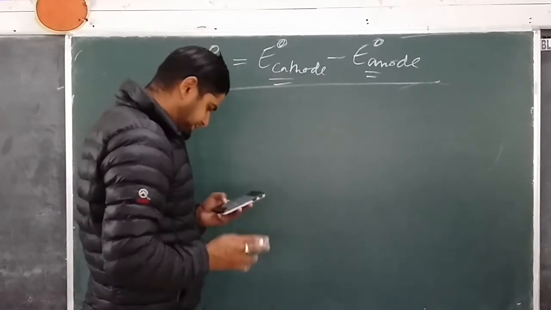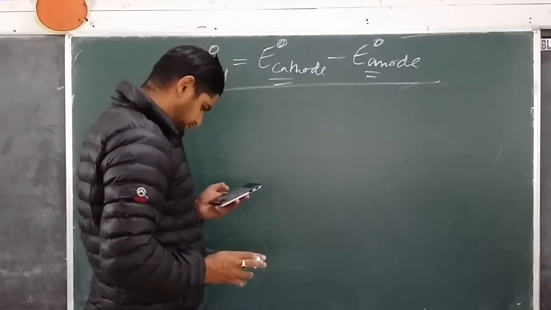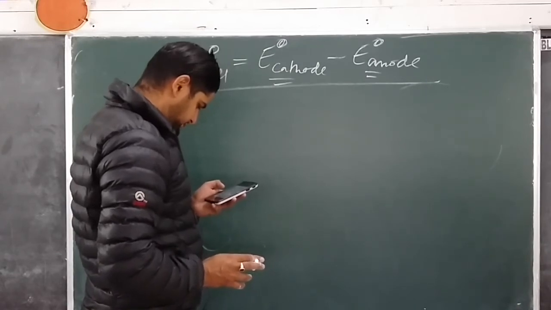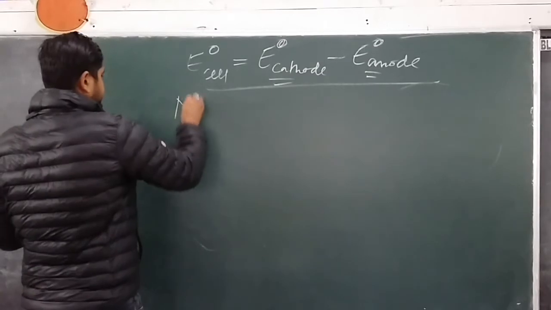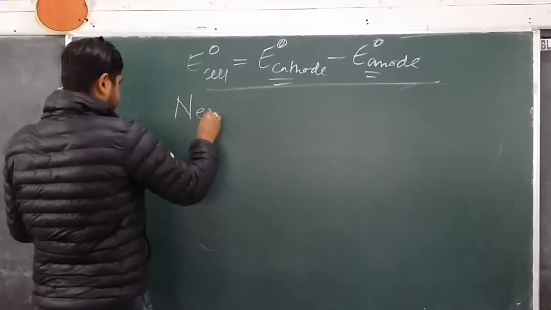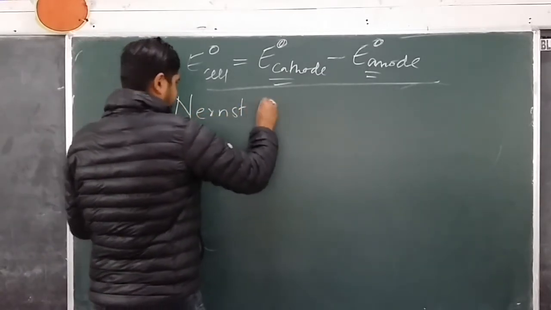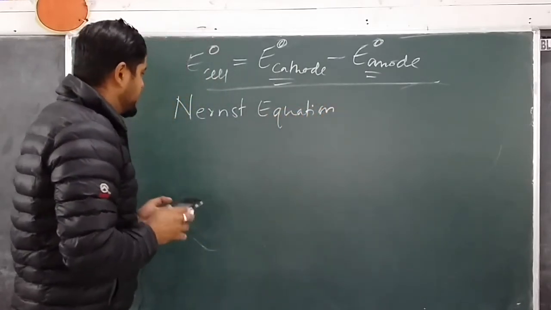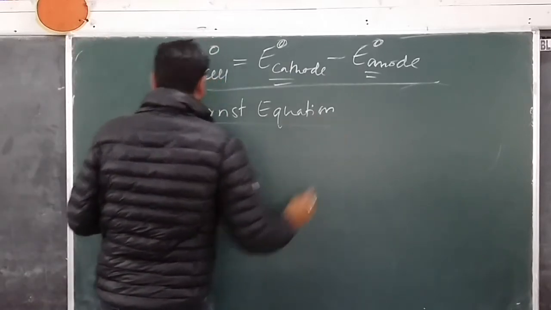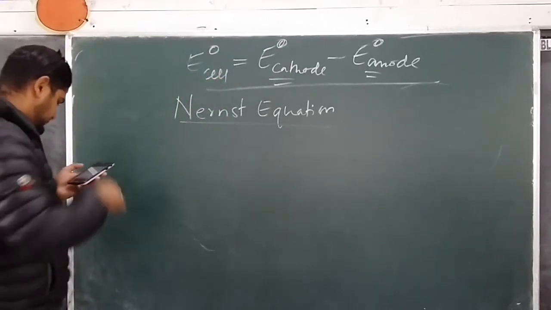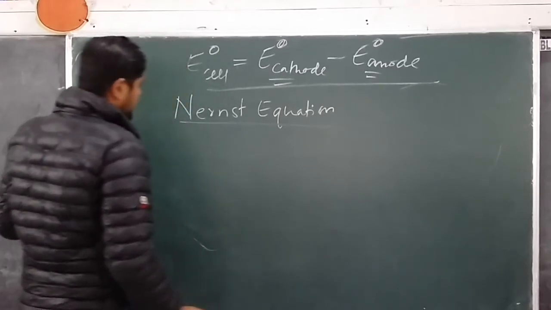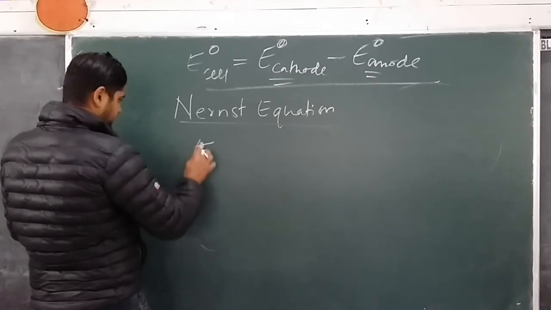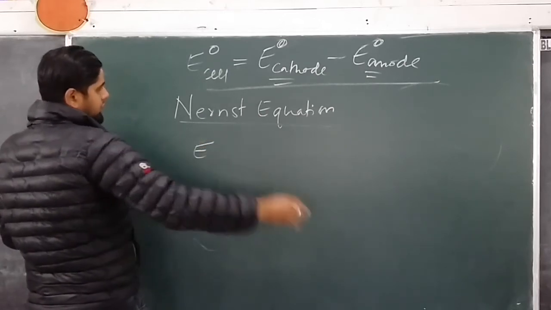Next we have the Nernst equation. This Nernst equation helps us find the electrode potential for any metal ion.